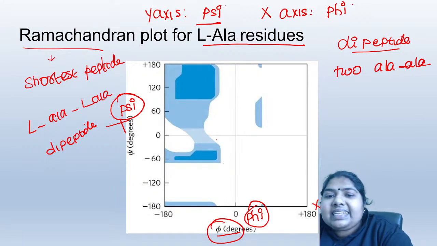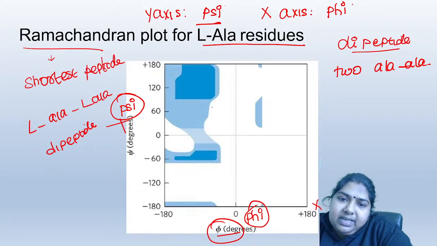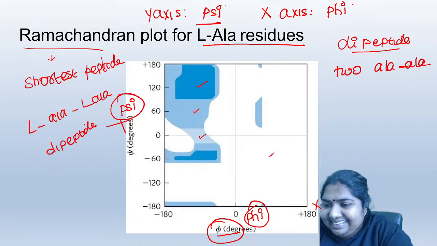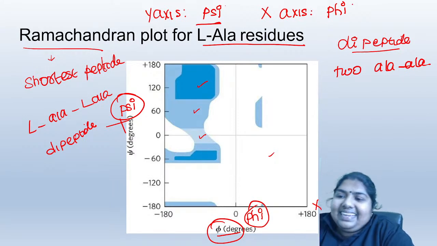Now you can see that there are different colorations. This is dark blue, this is a little bit light blue, this is still more light, and this is white. So what are these colors telling us? Is it conveying something important to us? Exactly.